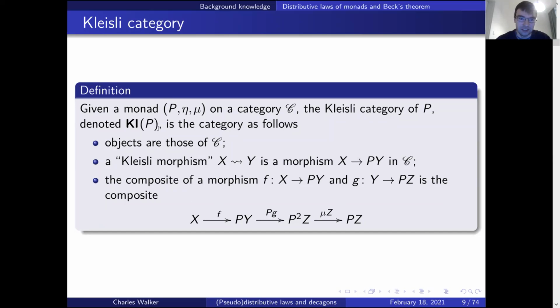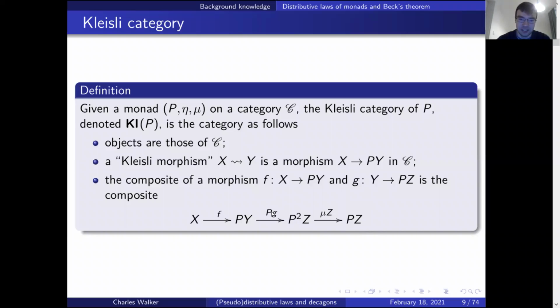And composition in our Kleisli category: if we're given a Kleisli morphism from X to Y and a Kleisli morphism from Y to Z, i.e. a morphism F from X to PY and a morphism G from Y to PZ, then the composite is given by F followed by PG followed by the multiplication of P. Right, and this is a Kleisli arrow from X into Z.